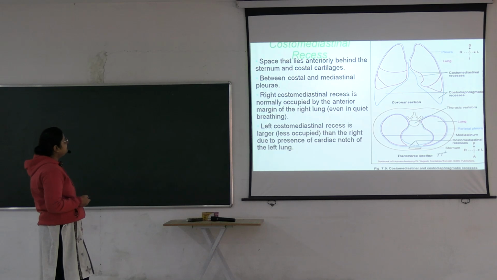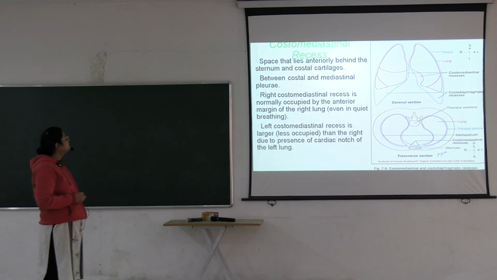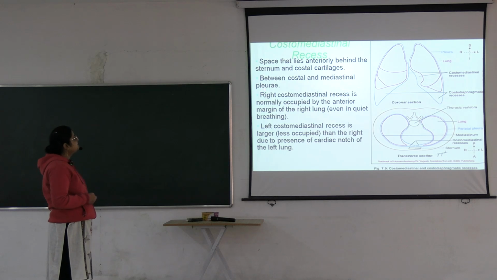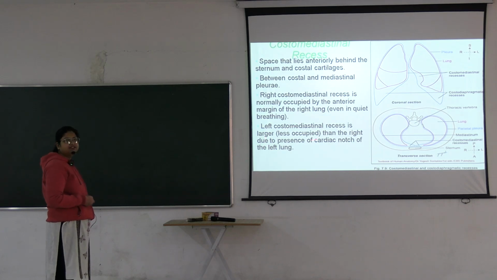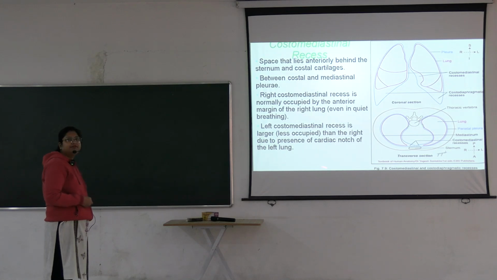The right costomediastinal recess is normally occupied by the anterior margin of the right lung even in quiet breathing, and the left costomediastinal recess is larger, less occupied than the right, due to the presence of the cardiac notch of the left lung.